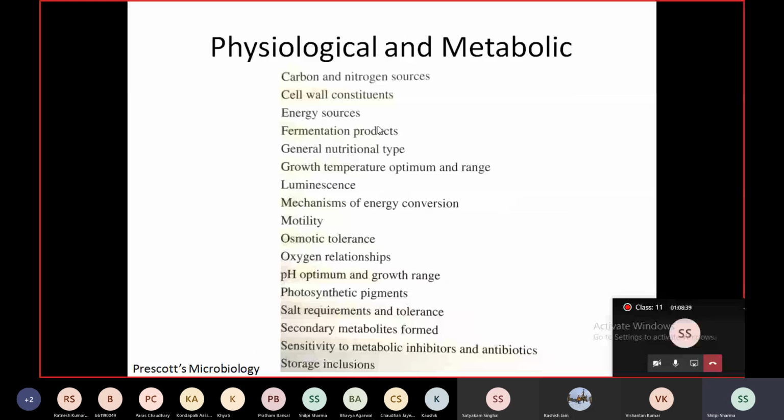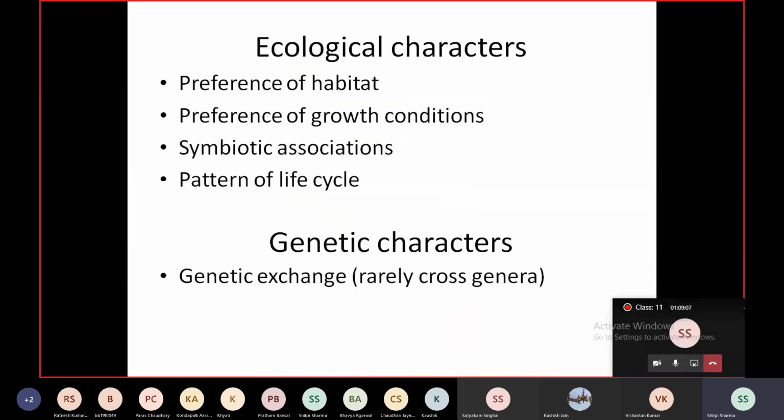Here is where I was saying that you need to have the culture in pure state, and this is the reason why the microbial taxonomy picked up only after novel techniques could be developed for culturing organisms, microorganisms. तो ये सारे characteristics को assess करने के लिए you need to have a pure culture, a type culture. Let's say this is a representative of this particular taxon. So you will collect that particular type culture and compare your novel species with that particular type culture.